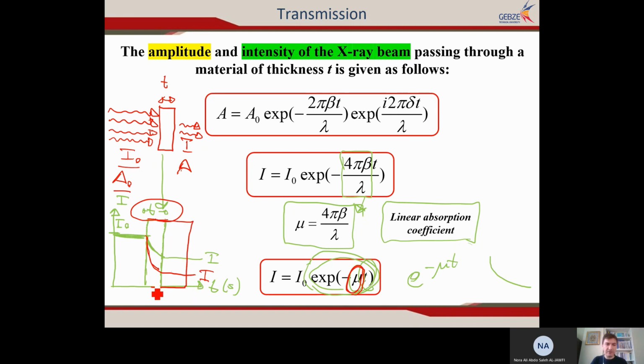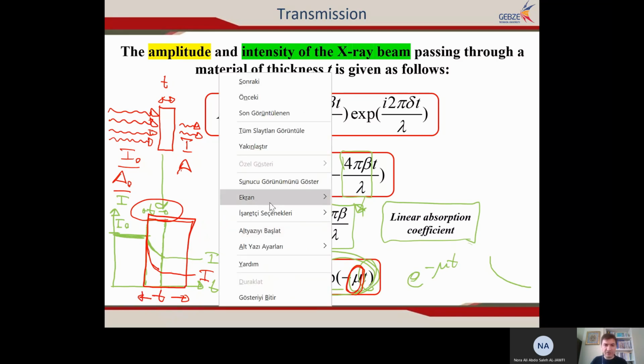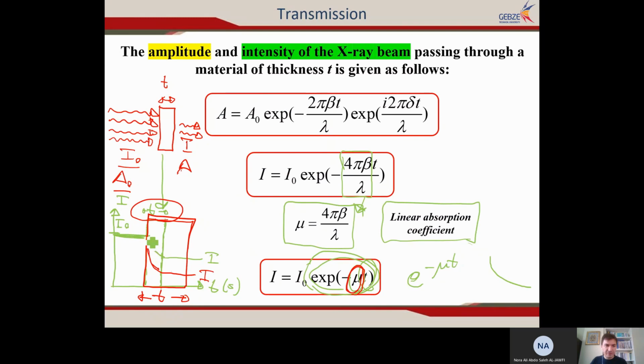So let's consider here in the second case, you have a thicker material. Now the thickness is much higher. The first situation was the initial situation with smaller thickness, and now we have a much thicker material. Then it continues to drop. Now you have the final intensity.